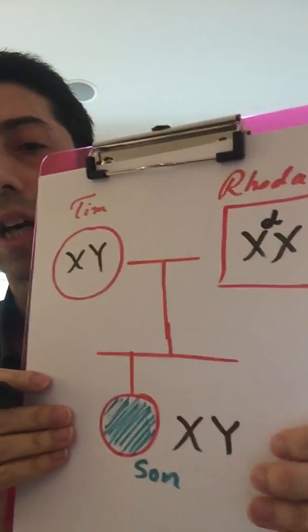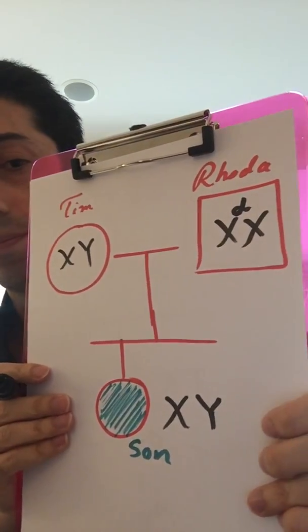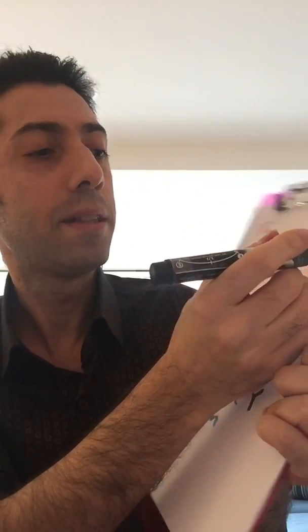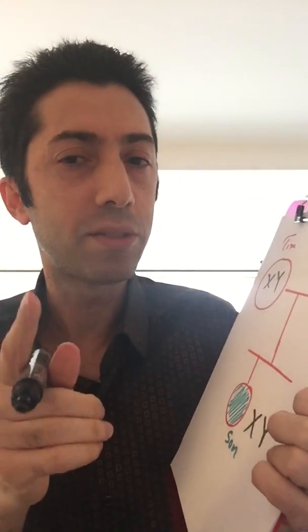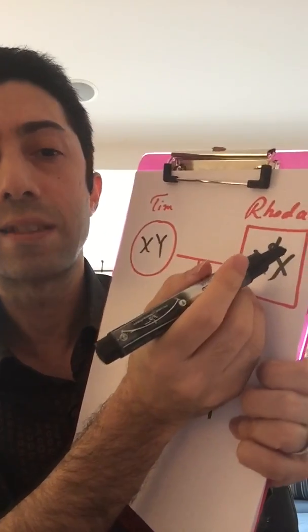Can I put another lowercase d for the other chromosome? No, I can't. If I do that, it's going to show the recessive character. So I cannot put another recessive lowercase d for that.